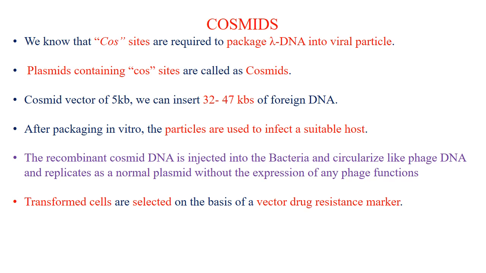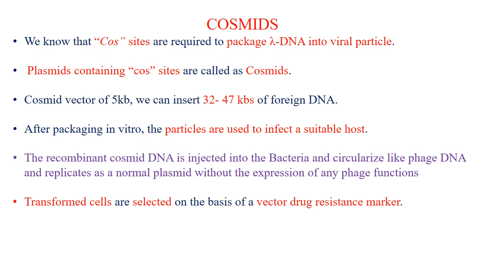The recombinant cosmid DNA is injected into a bacteria and circularized like phage DNA and replicates as a normal plasmid without the expression of any phage function. Transformed cells are selected on the basis of resistance gene markers.